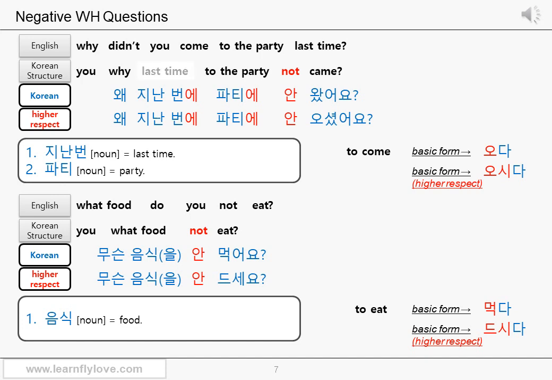And then the time-related word last time comes next. And then the destination to the party, which is directly related to the verb, comes next. And then the negative adverb not comes.